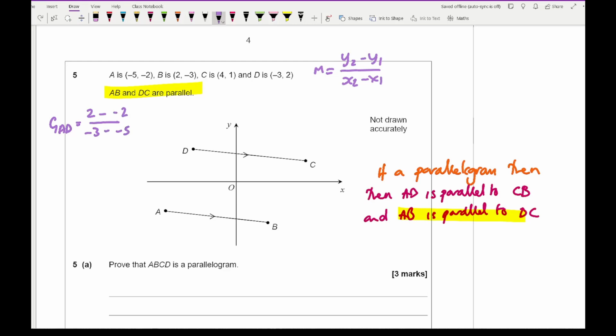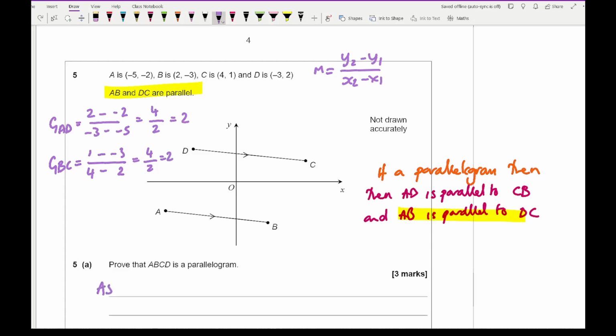If I take them away, what we end up with is 2 minus minus 2 is 4, and 3 minus minus 5 is 8. Then if I work out the gradient of BC, I've got C, which is 1, 4, and B, which is minus 3, 2, and I take those two things away, I end up with 4 over 2, which equals 2.